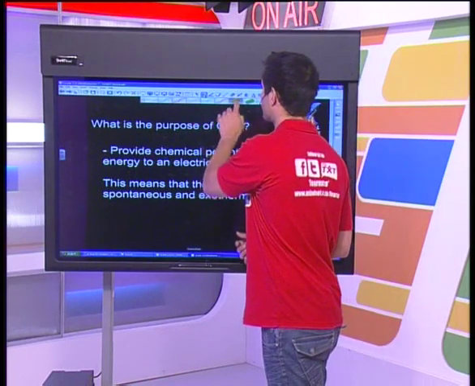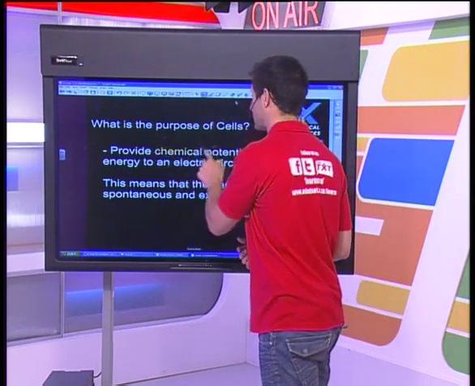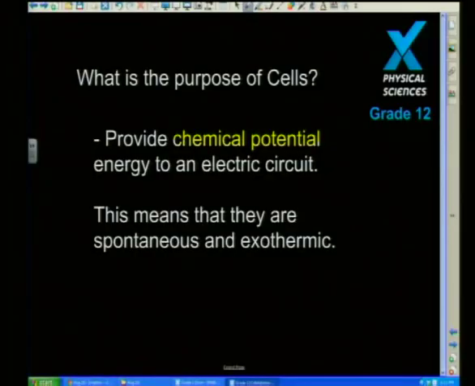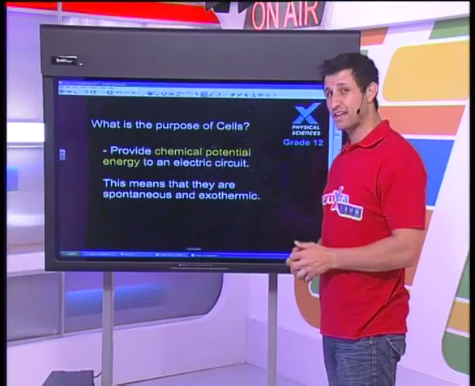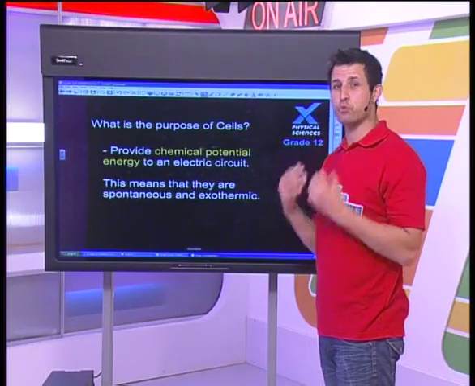A cell provides chemical potential. Please, this is what a cell does. They often ask this question, why do I use cells? A chemical potential energy is entering into the circuit. I need that potential energy to power the screen, to power the LEDs, even to power a board like this. I need some sort of electrical energy. Now, the great thing about cells is that they're portable.